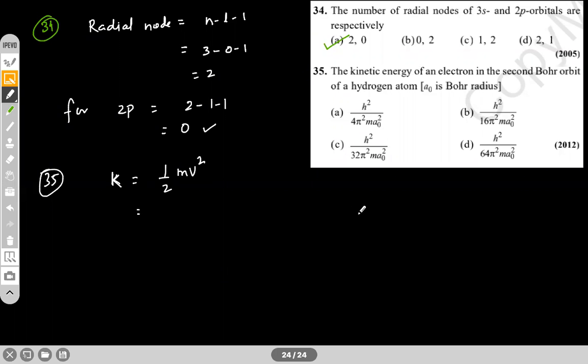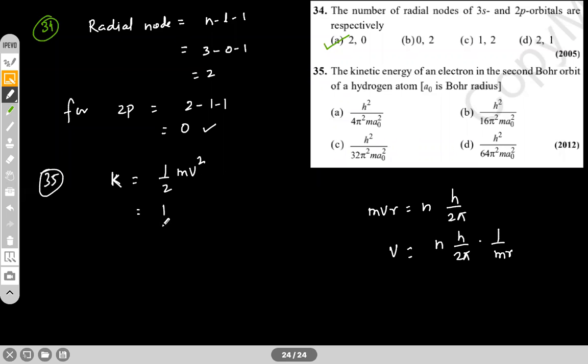How do we do this? We know the angular momentum mvr is the integral multiple of h by 2 pi. We need to find out half mv square, right? So what is v from this? It is nh by 2 pi into 1 by mr, right? This v we will substitute here.